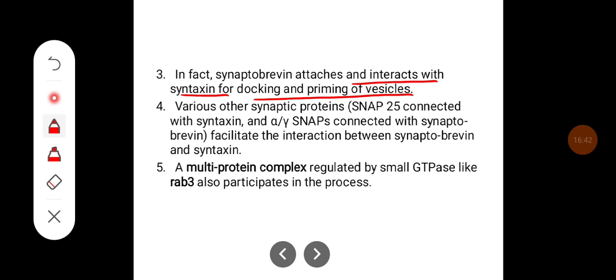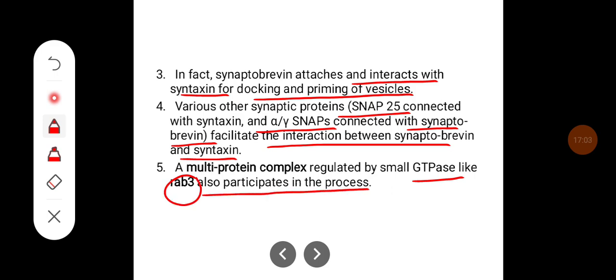Various other synaptic proteins, SNAP25, connected with syntaxin, and alpha and gamma SNAPs connected with synaptobrevin, facilitate the interaction between synaptobrevin and syntaxin. A multiprotein complex regulated by small GTPases like RAB3 also participates in the process.